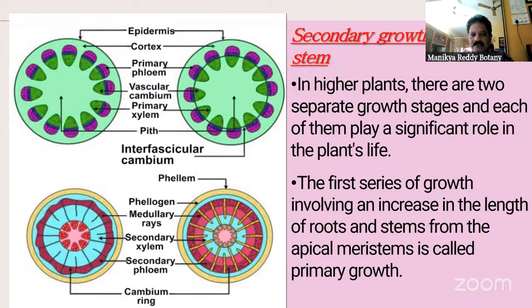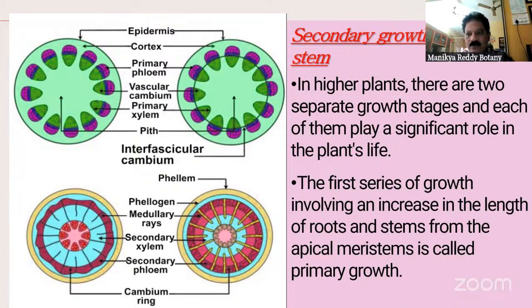The secondary growth is initiated. Because of the secondary growth, new or secondary xylem and secondary phloem are formed. Because of that, the girth, the thickness of the plant body, the radial growth is seen. That growth is called secondary growth.